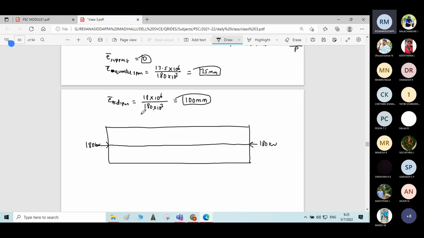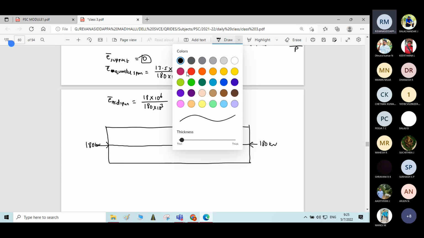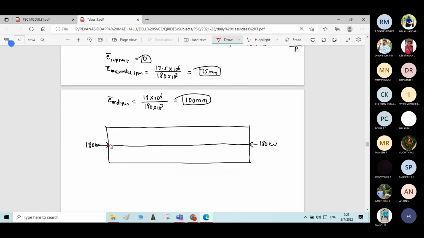At support, what is the eccentricity? At support, eccentricity is 0. At quarter span, eccentricity is 75 mm. Somewhere here we have the quarter span. At midspan, we have the eccentricity of 100 mm.